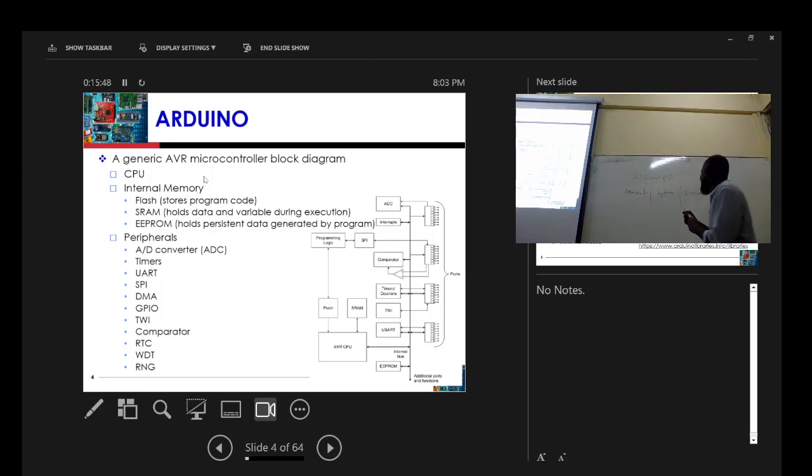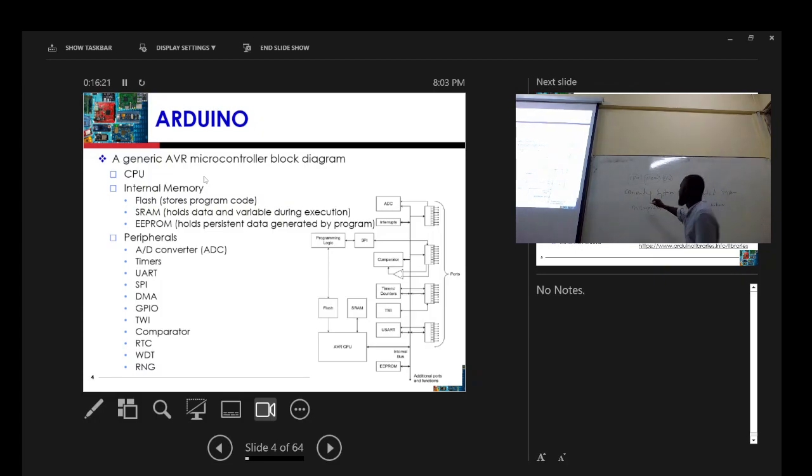Now let's look at microprocessors and microcontrollers. I said the embedded system and the computer system have the same exact components, but the difference is that for the embedded system, it is on a single chip, while for the computer system, they are separate chips, right?